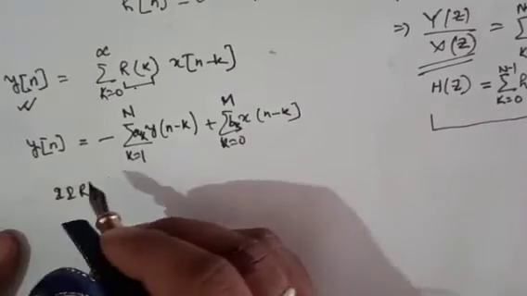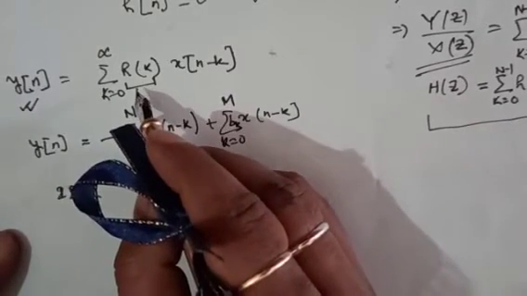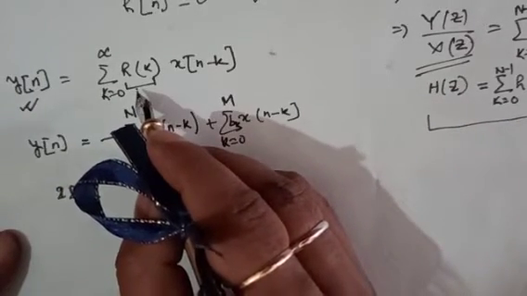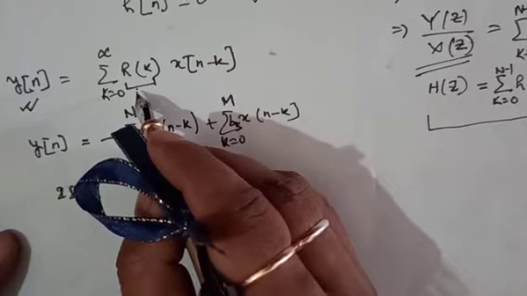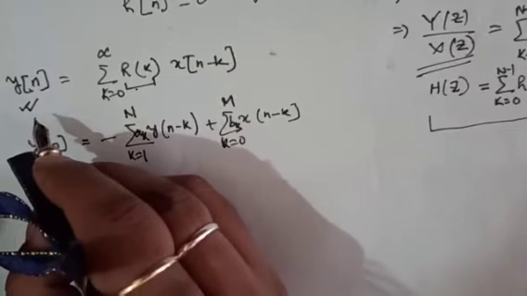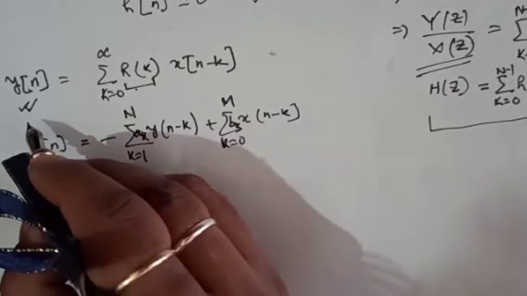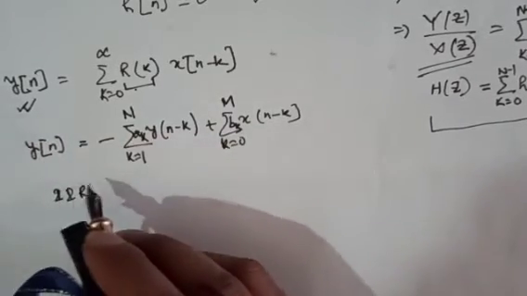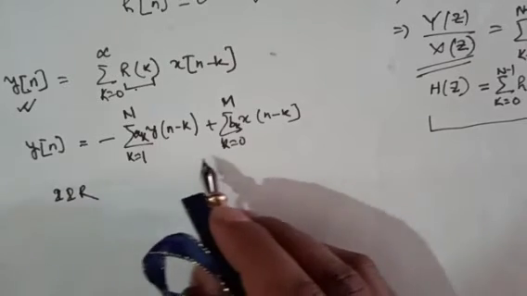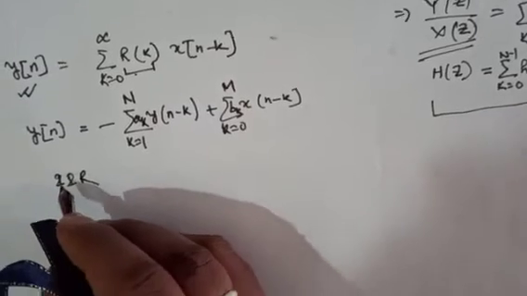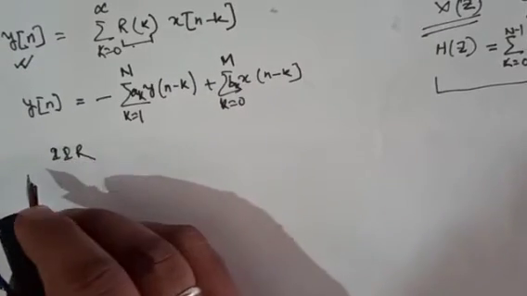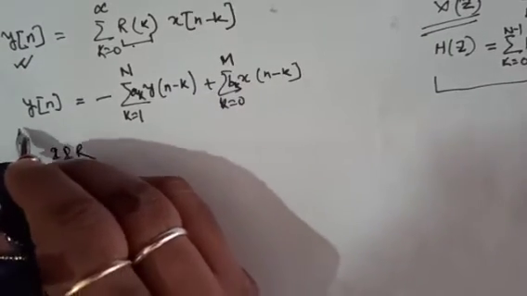But here h of n is originally infinite, so it is an infinite degree polynomial. Since we cannot simply realize it, we make it finite by doing so. Now, if we take the z transform on both sides, what will you get?